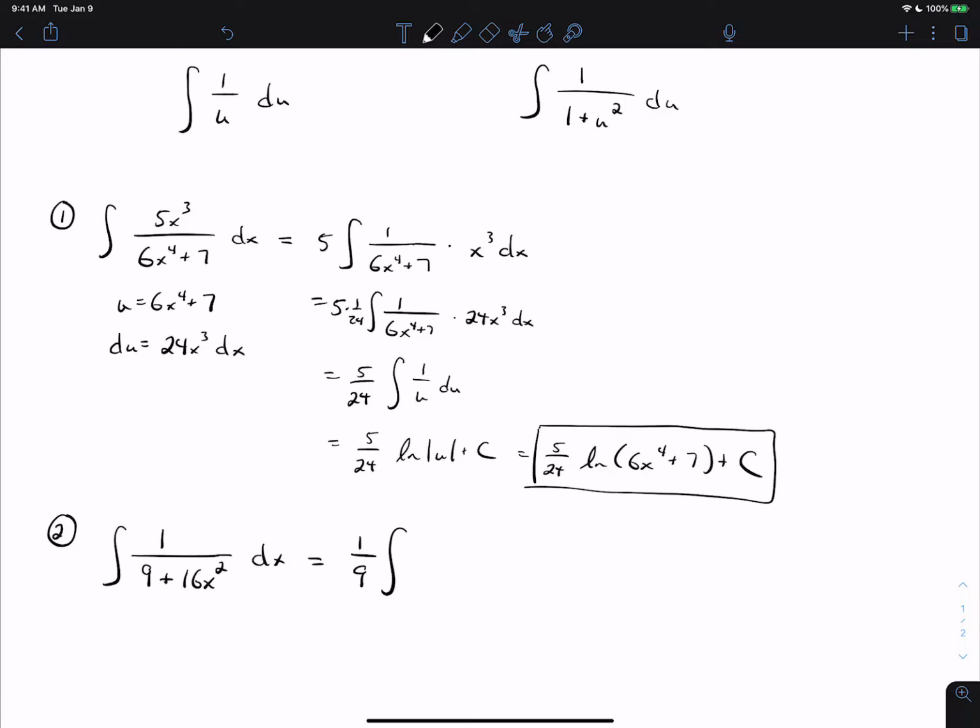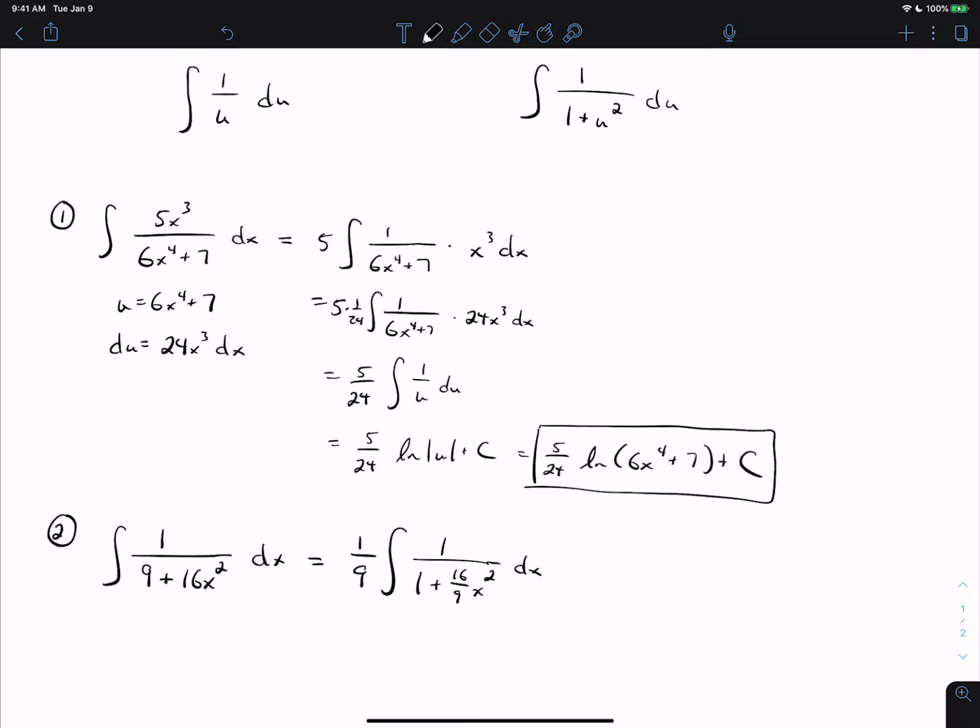Because it's on the bottom, we pull it out as a 1/9, and then we get 1 over 1 plus 16/9 x squared dx. And so the reason that works the way it does is because if I were to distribute the 1/9 through, the 9 would go to the bottom, and I would get 9 plus 16x squared.